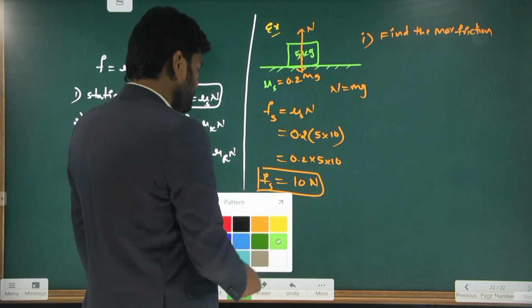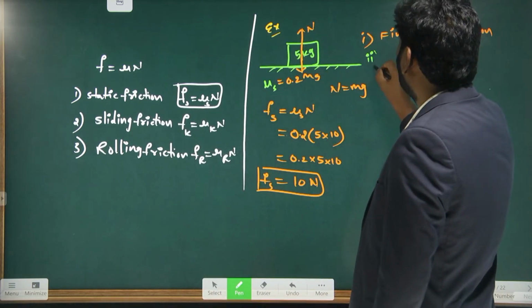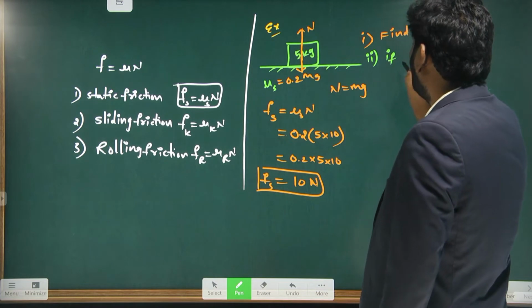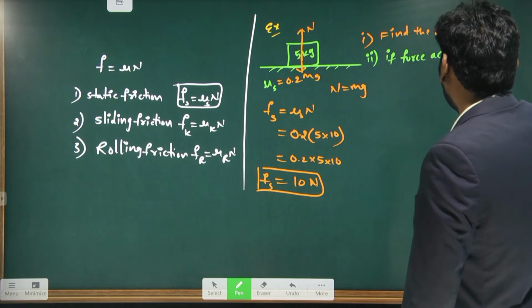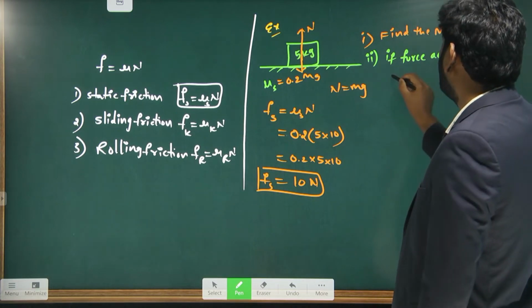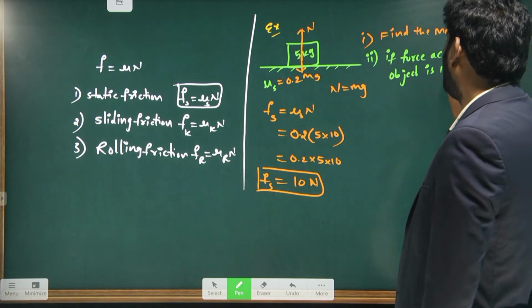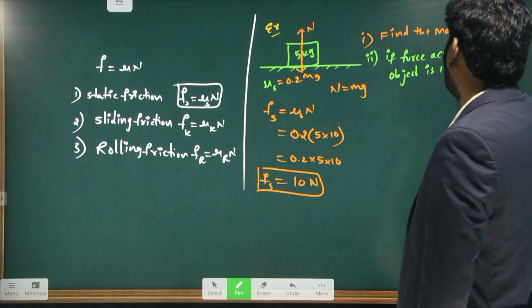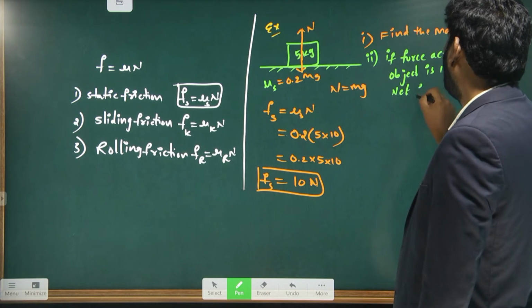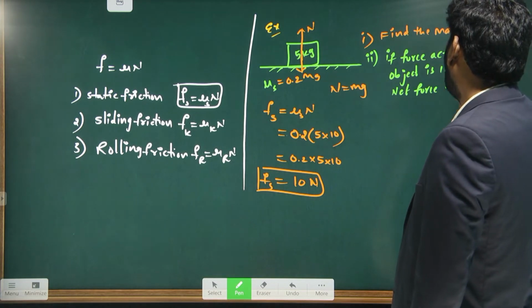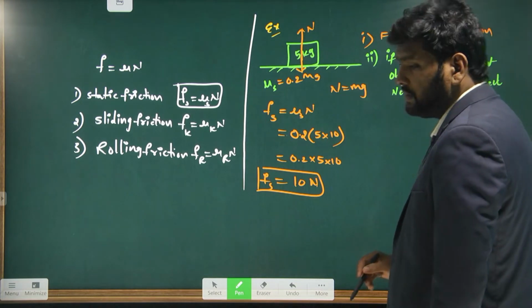And one more question I can ask. If a force acts on the object, and the force acting on the object is 10 Newtons, what is the net force acting on the object?